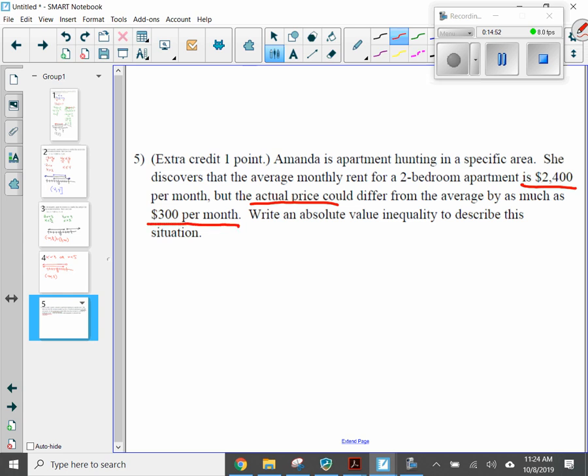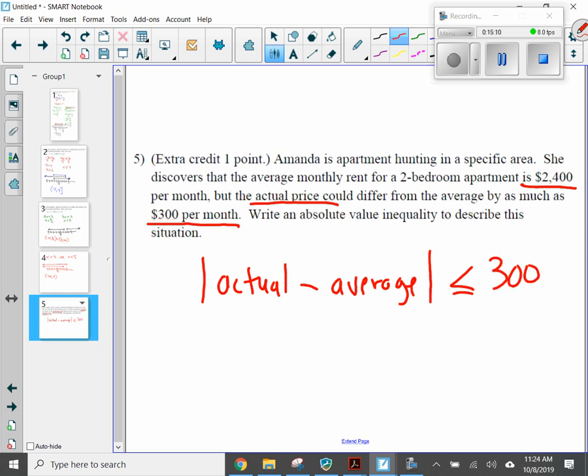And I think the way we went over this is we said it's the absolute value of the actual minus the average is less than or equal to the difference between the two.